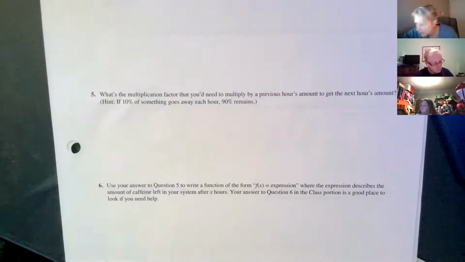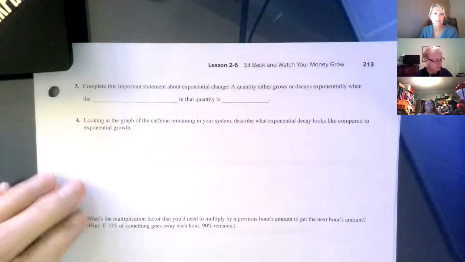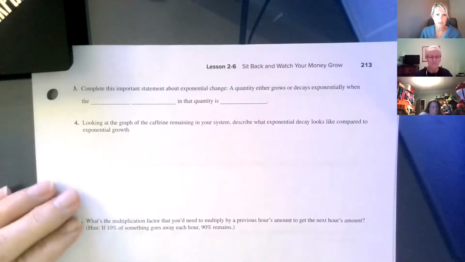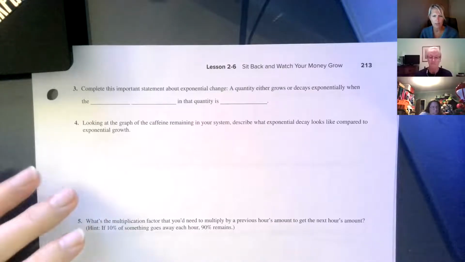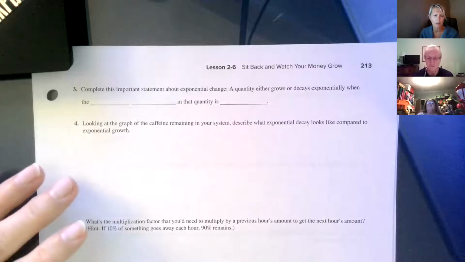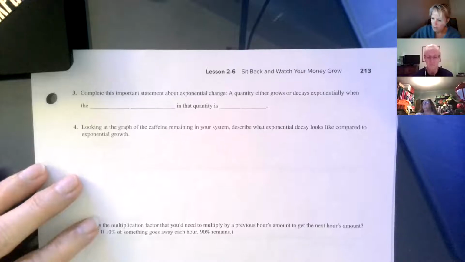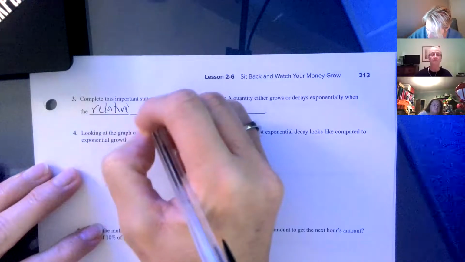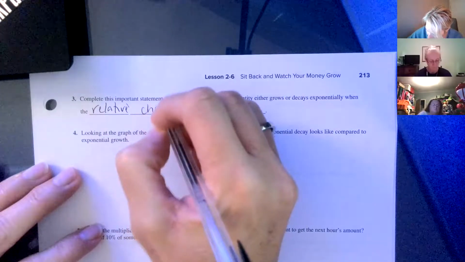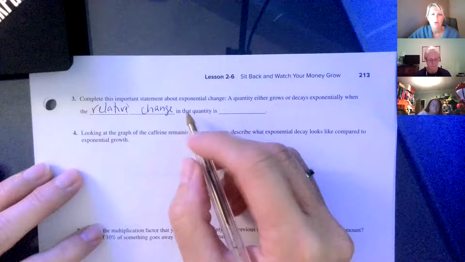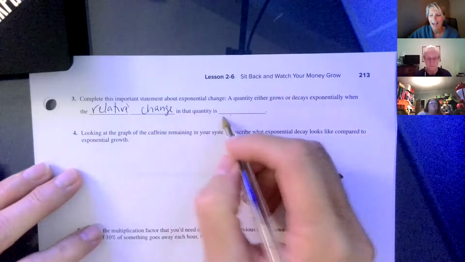So at the top of page 213, it says, complete this important statement about exponential change. A quantity either grows or decays exponentially when the blank blank in that quantity is blank. So we could say the relative change in that quantity is constant.